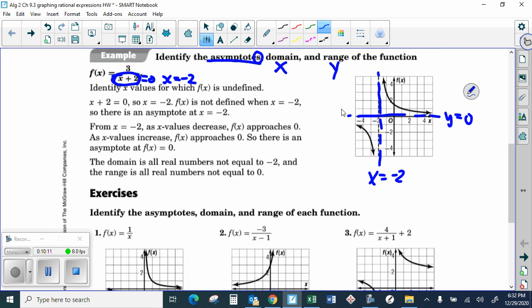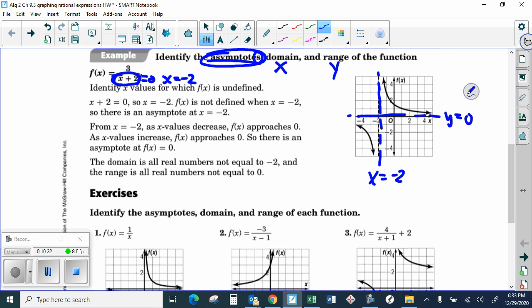When you set the denominator equal to 0 and solve, that's the vertical asymptote. Okay, assuming that you couldn't cancel with anything in the numerator at all, which you can't here. Okay, you always do cancelings first, and we'll be talking about that on the next page. Okay, so there's the vertical asymptote, and the horizontal asymptote, y equals 0. So we took care of both the asymptotes, plural.